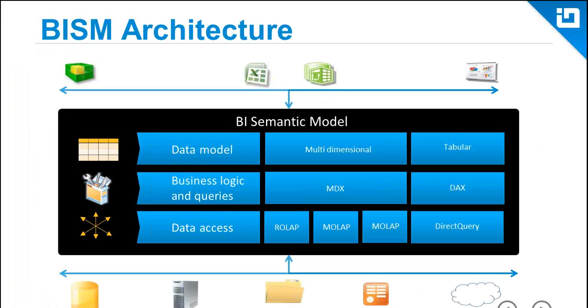So for data access, on the multidimensional part there are three different things: ROLAP, MOLAP. Sorry, I think I made a typo here. Let me quickly correct it. This is OLAP. So what are these? ROLAP means relational OLAP. That means it starts with your source, what kind of database you have.